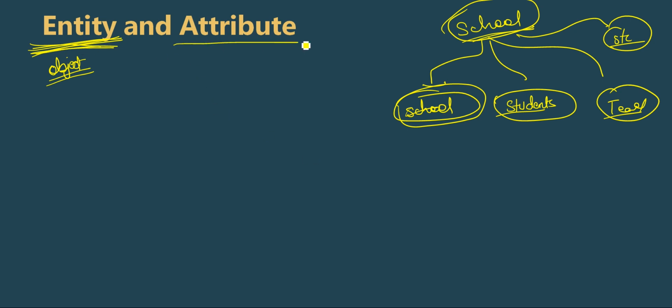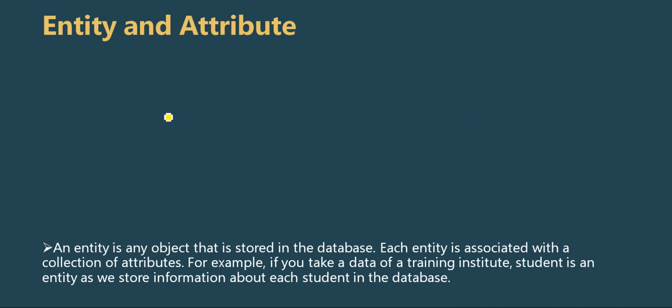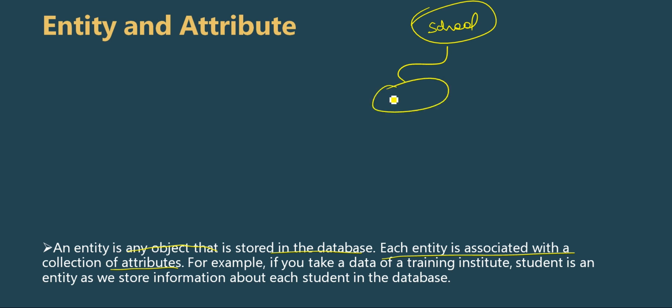So here school, student, teachers, other staff will be termed as entities. And what are attributes? Let's first define the entity. An entity is any object that is stored in the database. Each entity is associated with a collection of attributes. For example, if you take a training institute, a student is an entity, right? In our school, student is considered an entity.